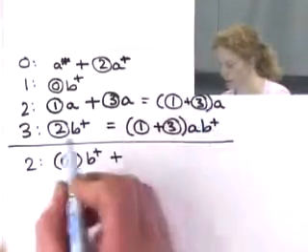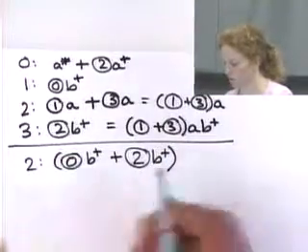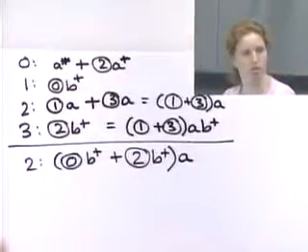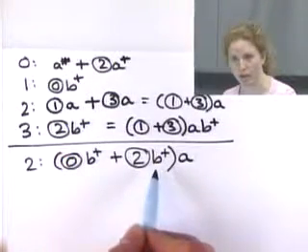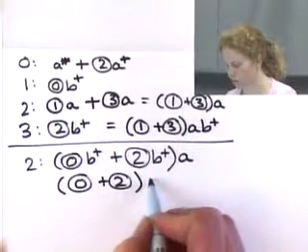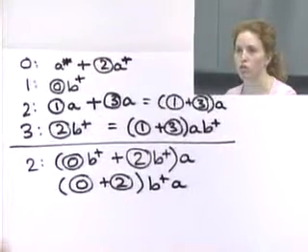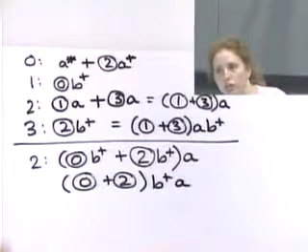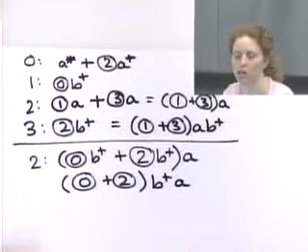So instead of 3, I'm going to put that 2B plus back in there. It just looks a little easier to deal with to me, because then these both have B pluses on them and I can factor them out. So now 2 is written pretty easily recursively as either the start state or 2, and then I have to get a string of B's and then an A after it.